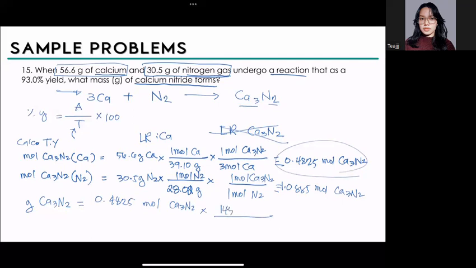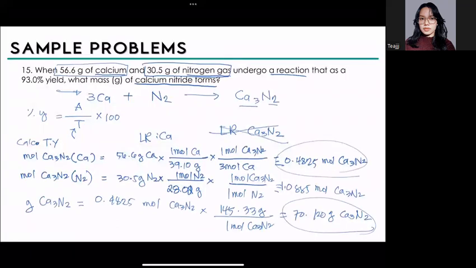That's 145.32 kasi 3 times 39.10 plus 2 times 14.01. 1 mole of Ca3N2. And that will give you 70.120 grams of Ca3N2. So we have this as our theoretical yield.